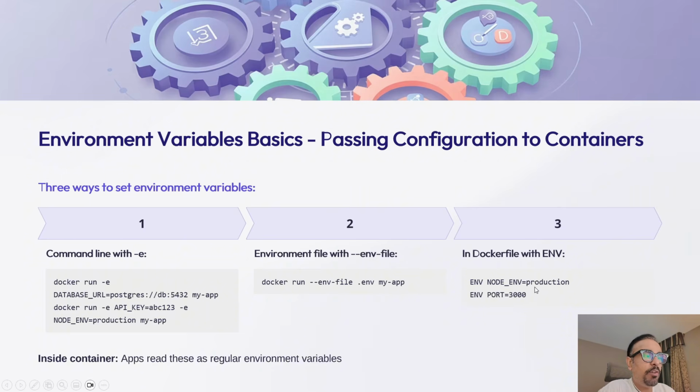When you are defining the environment, it is non-sensitive. Inside the container, your application reads this environment variable just like it would on a regular system. But it is not a good practice to use the database username and password like this in your Dockerfile. So better, what you can do is use the environment variable.